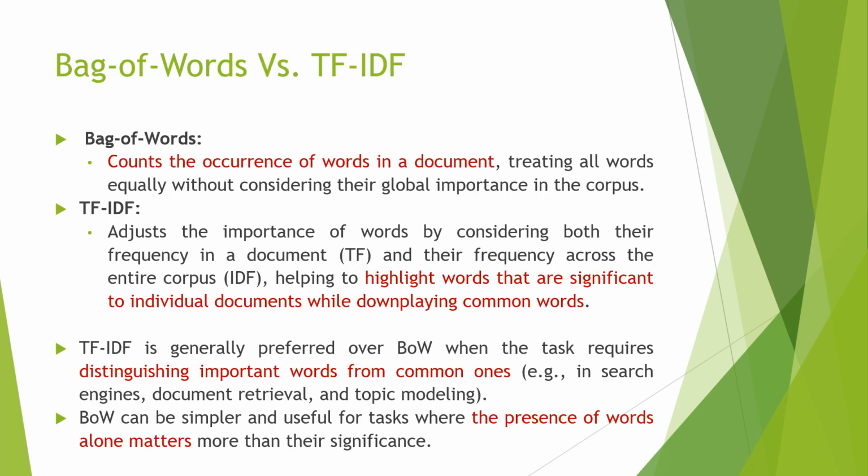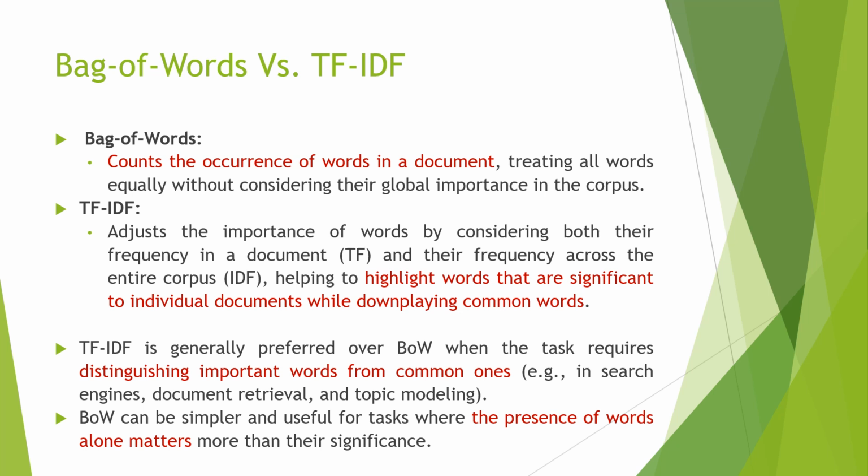In the bag of words method, it counts the occurrence of a word in a document. For each word, it checks the occurrence of the word in a document. It treats all words as equally important, and without considering their relationship, it counts the number of words in the document.